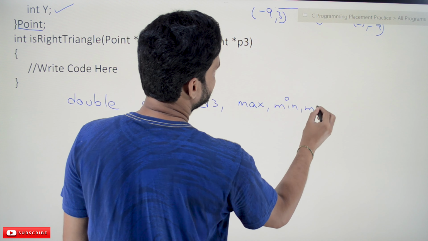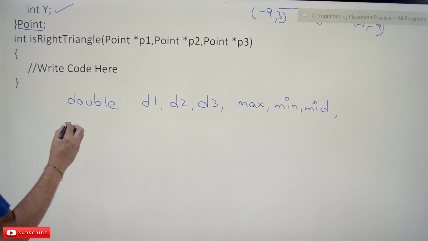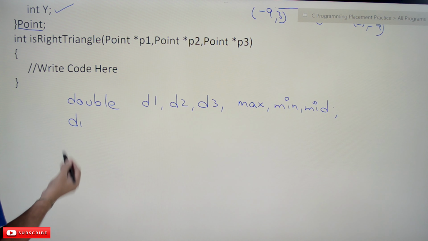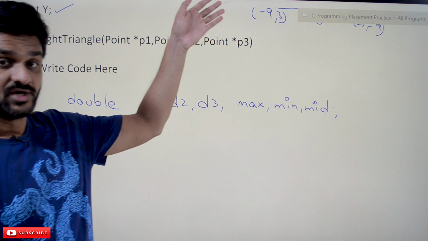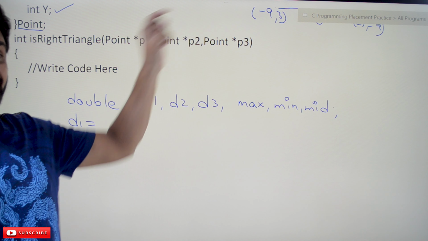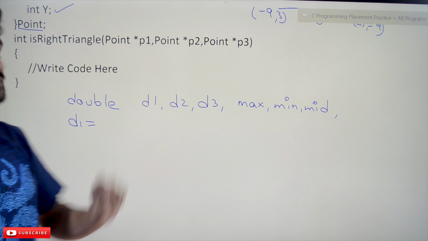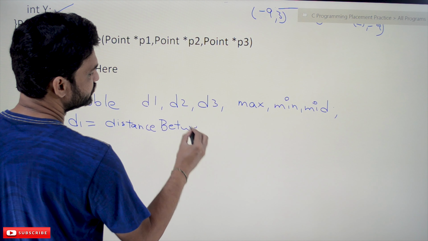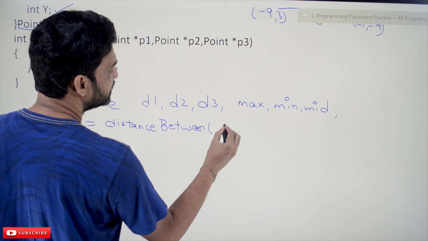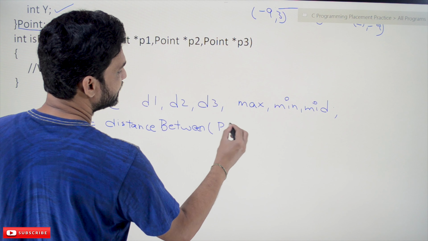Next line of code, we have to find the d1 distance. How to find it? We have a predefined function within the program, the distance between function. With the coordinates we have to find the distance. We are going to use this distance between function with P1 and P2.